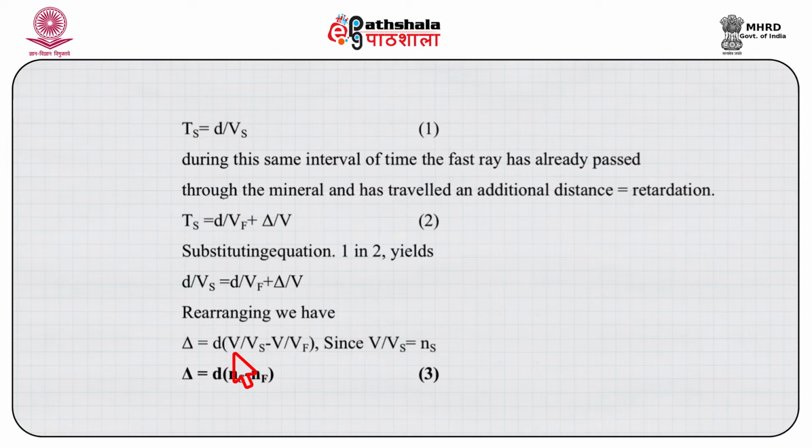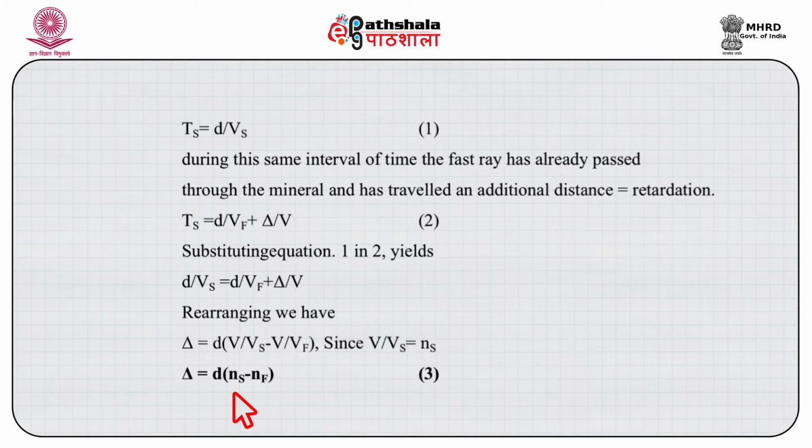We know that the velocity of the light divided by the velocity of a ray will be nothing but the refractive index of the mineral. As such, delta is equal to the thickness of the mineral multiplied by the refractive index of the slow ray minus the refractive index of the fast ray.